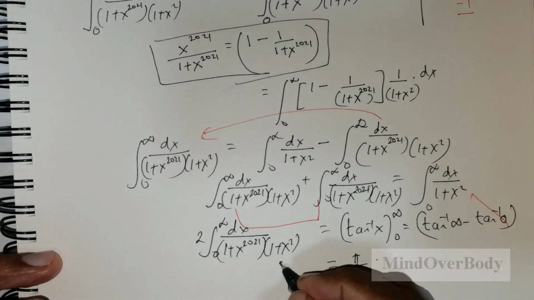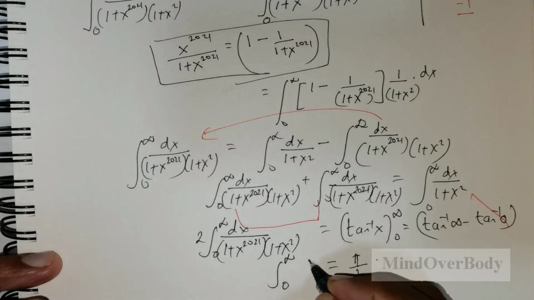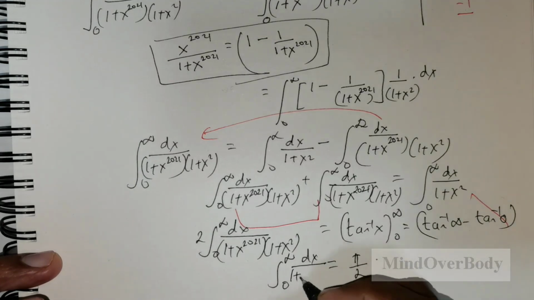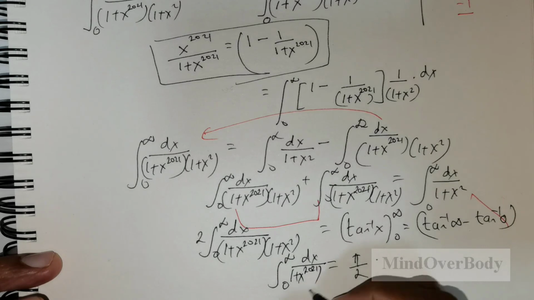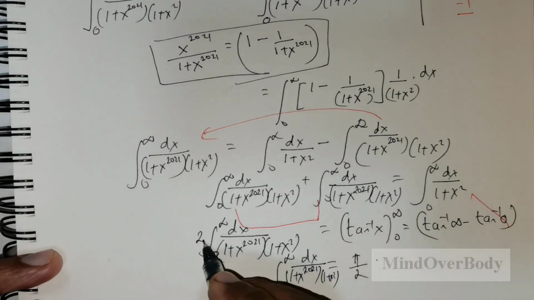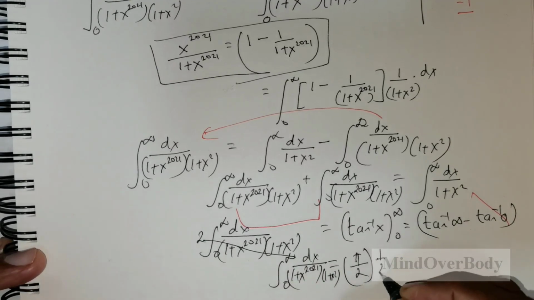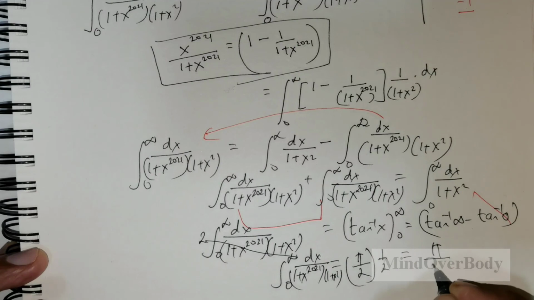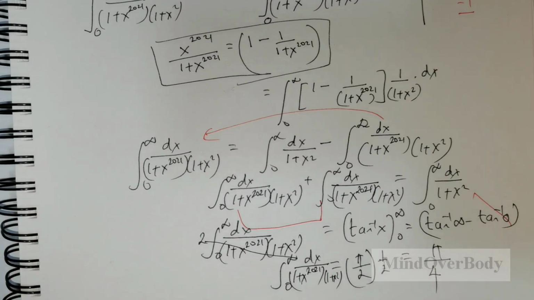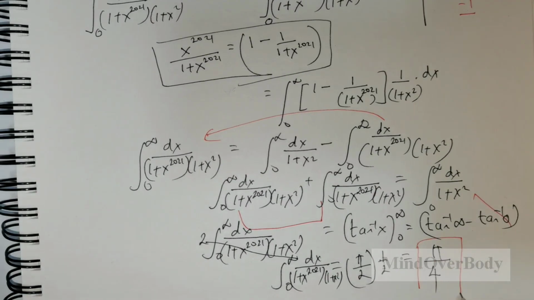Therefore the left side, the integral from 0 to infinity of dx divided by (1 + x^2021)(1 + x^2), is, bringing this 2 down, 1 over 2 times pi over 2, which is pi over 4. Now this is the final solution for this question.